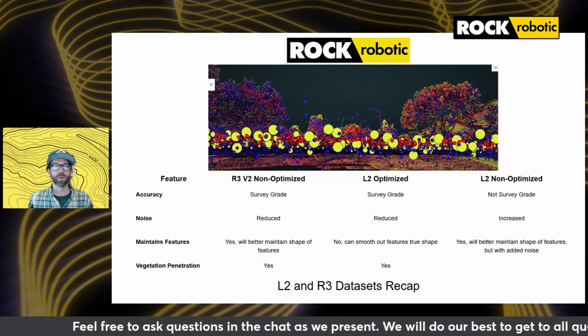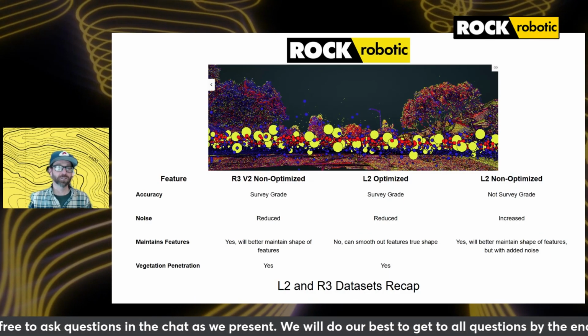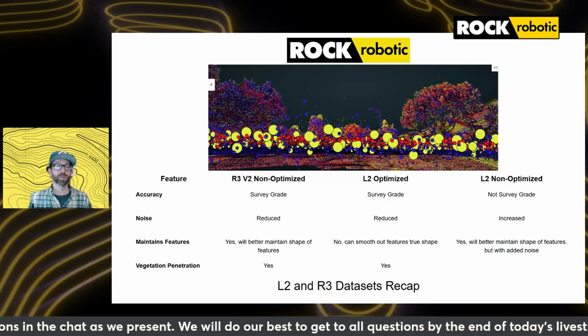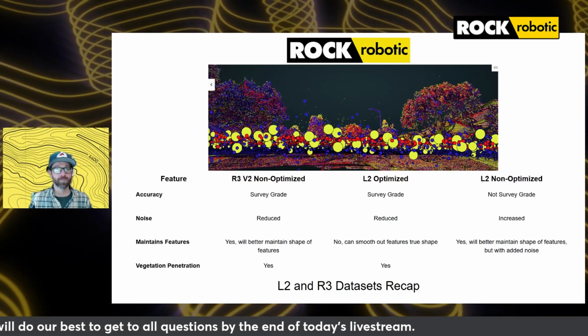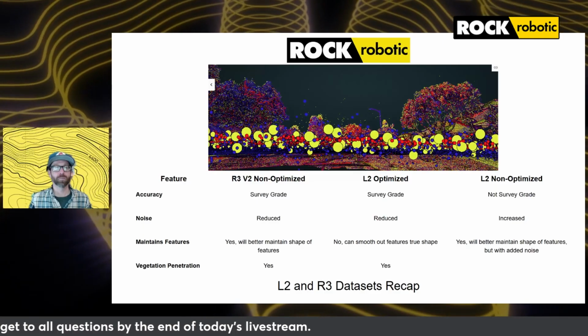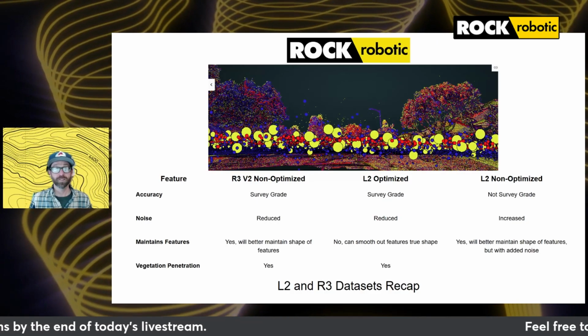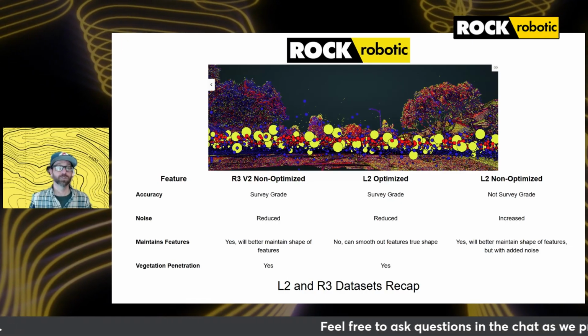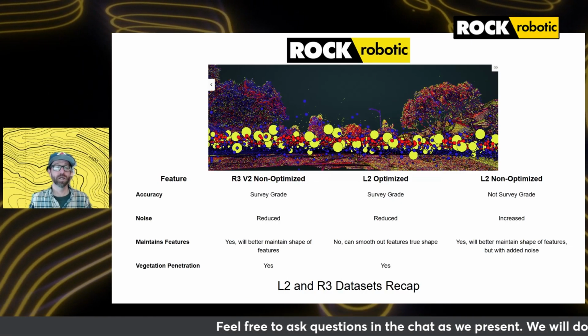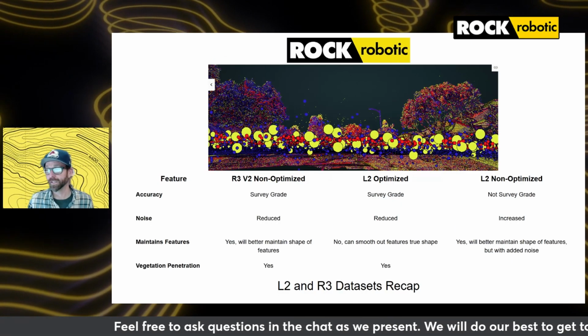We also see vegetation penetration for our R3 non-optimized and our L2 non-optimized. So we are able to get a good amount of nominal ground point density for these data sets, and we can use that to generate quality surface models, contours, and classification of the data.